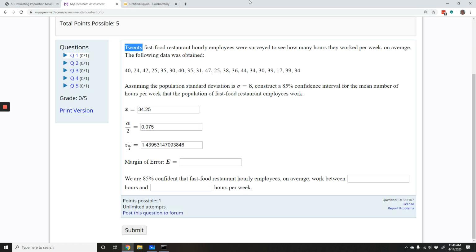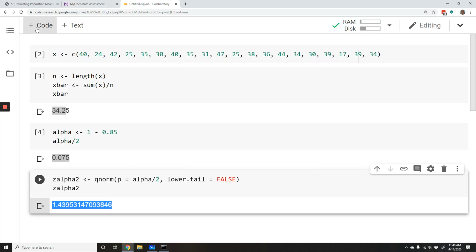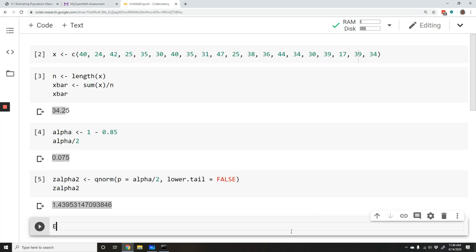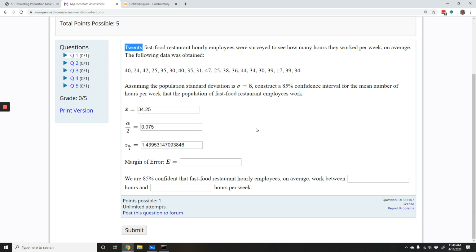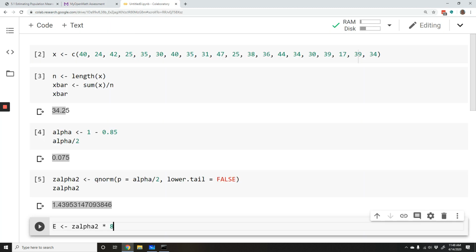So let's stick that in the notebook. Okay, and I'm going to take full advantage of my variables here. I already have z alpha over 2 stored. I'm going to multiply that by my standard deviation. I don't have that stored, so I'm just going to look that up. That was 8. And then I'm going to divide by the square root of my sample size, which I've stored in a variable. If you just want to copy and paste the numbers, that's fine too.